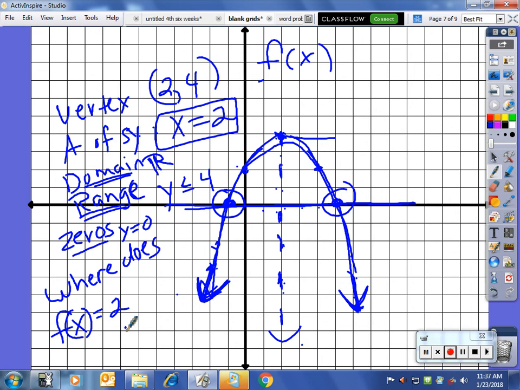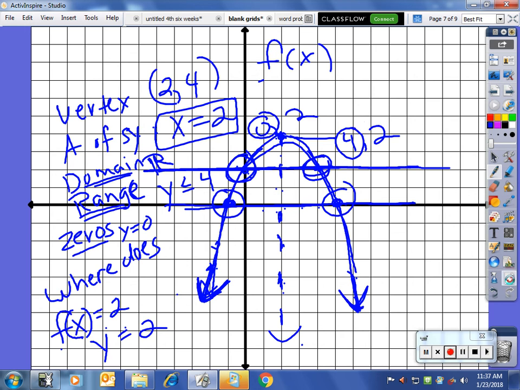When I give you f of x equals 2, that's like telling you y is 2. Y is 2 anywhere on this line right here. That's here and here. It's kind of like finding the zeros, except we're not finding the zeros, we're finding the 2's. Look at this point right here. It's (0, 2). And this point right here is (4, 2). So where does this function equal 2? At 0 and 4.